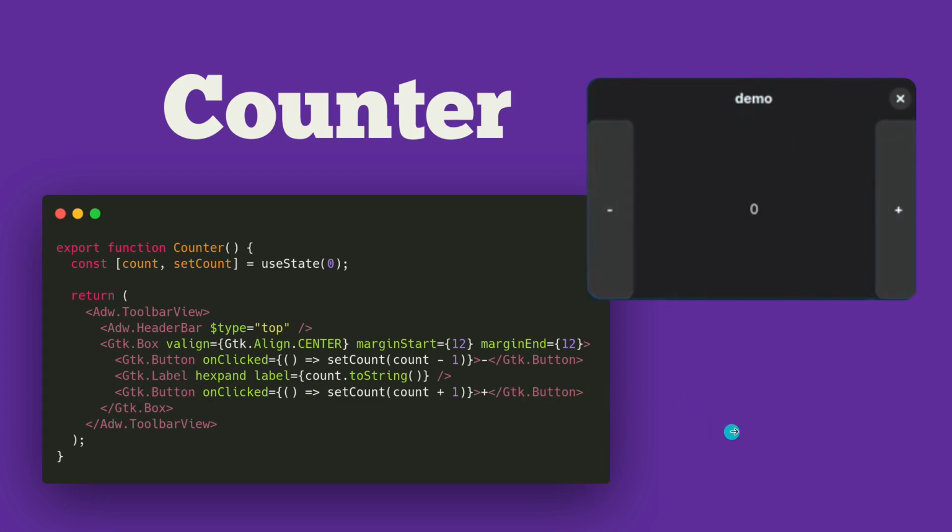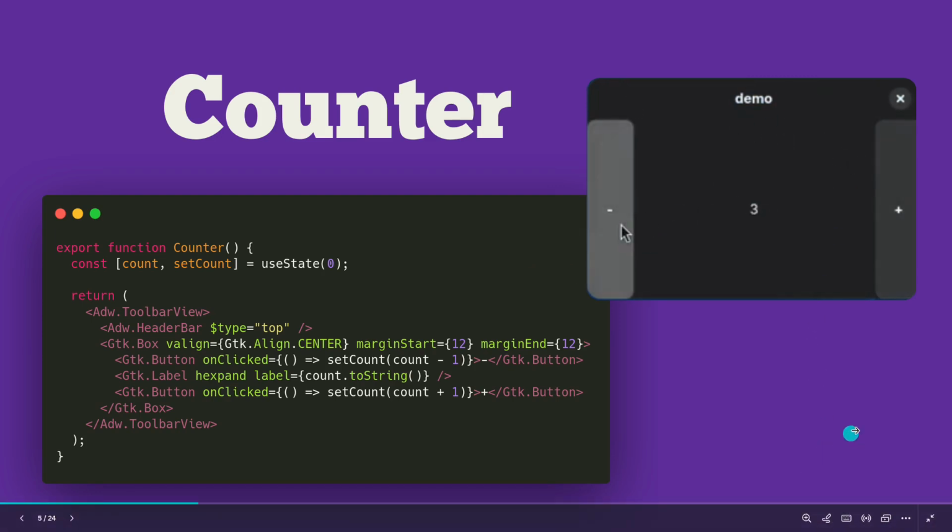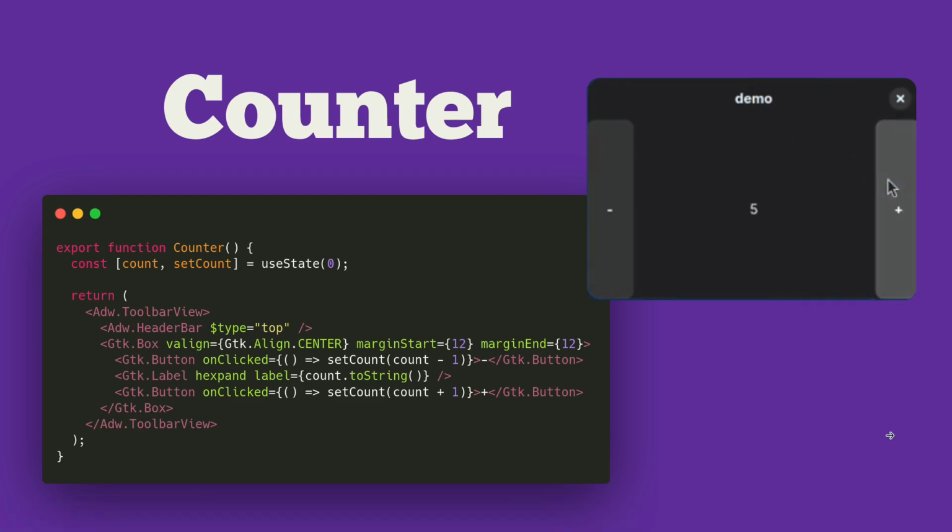So these are toolkit widgets that we get from GTK, and we can combine them with React functions such as useState. So here we have, of course, an obligatory counter demo, and you can see it incrementing and decrementing, and the state is managed well.